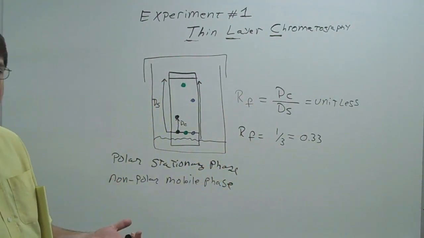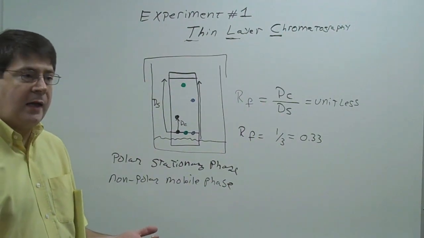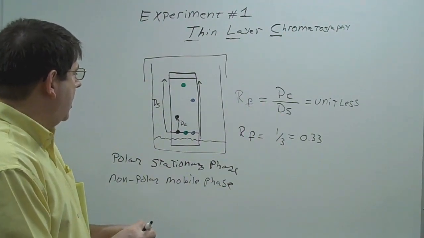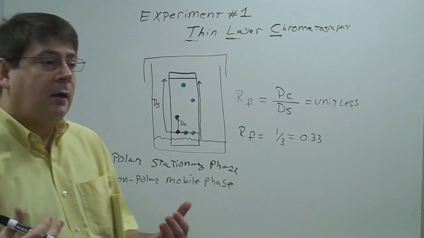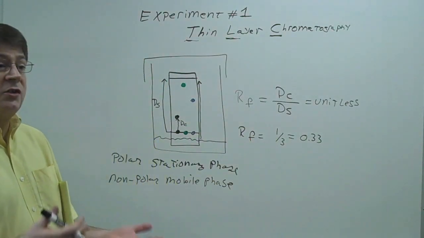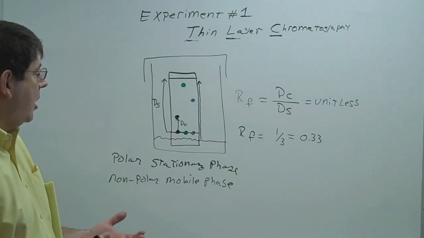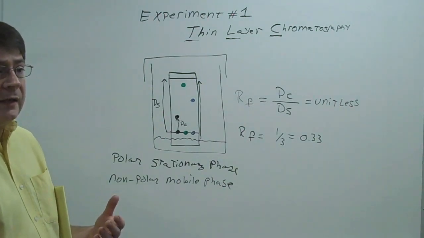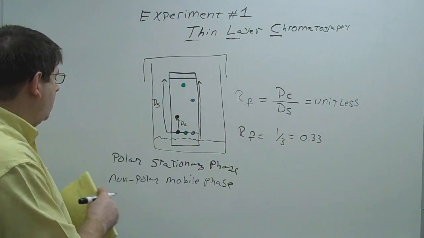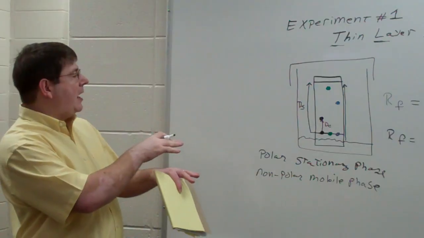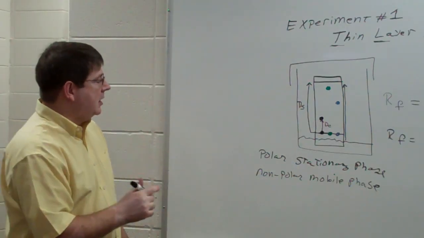We've got a polar phase and we have a nonpolar phase. And you can recall back from general chemistry that you learned that like dissolves like. Polar things like to associate or dissolve in polar solvents, whereas nonpolar things like to dissolve in nonpolar compounds. So we've set this up to where we have a polar phase and a nonpolar phase.